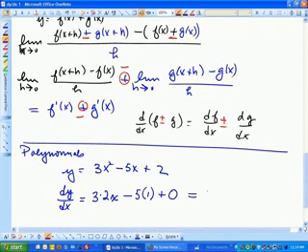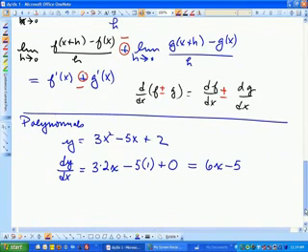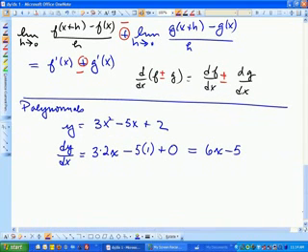So we'll just make this look a little nicer here. It's 6x minus 5. And of course, very quickly you'll be able to go without this middle step. With powers like this, it's going to be the power times 3. So it's 3 times 2 is 6x to 1 less power, and negative 5 times the derivative of x is 1, and the derivative of a constant is 0.